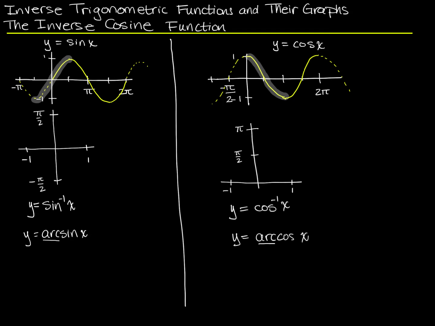But to graph that in the inverse, negative pi over 2 comma 1 becomes 1 comma pi over 2. 0, 0 stays where it is. And negative pi over 2 comma negative 1 becomes negative 1 comma negative pi over 2. Now, let's start at pi over 2 comma 1.